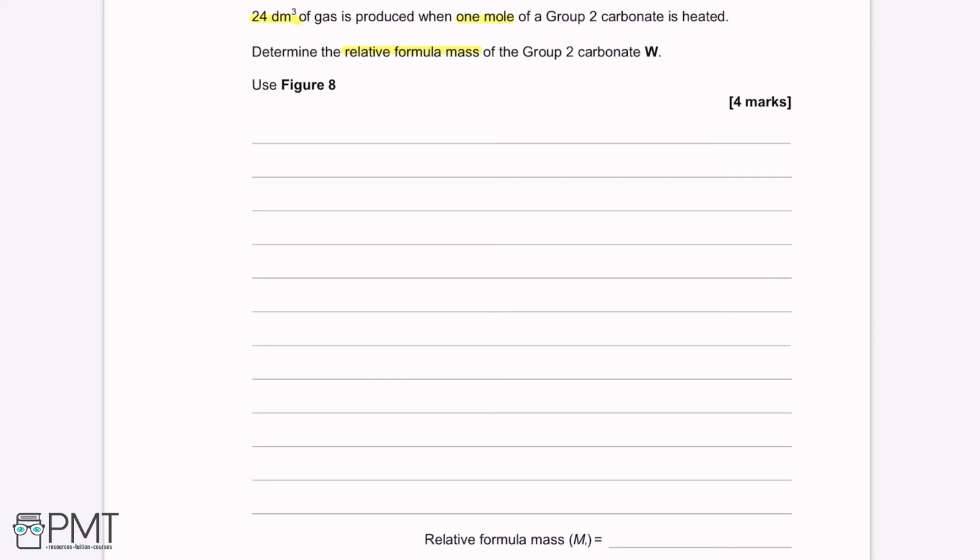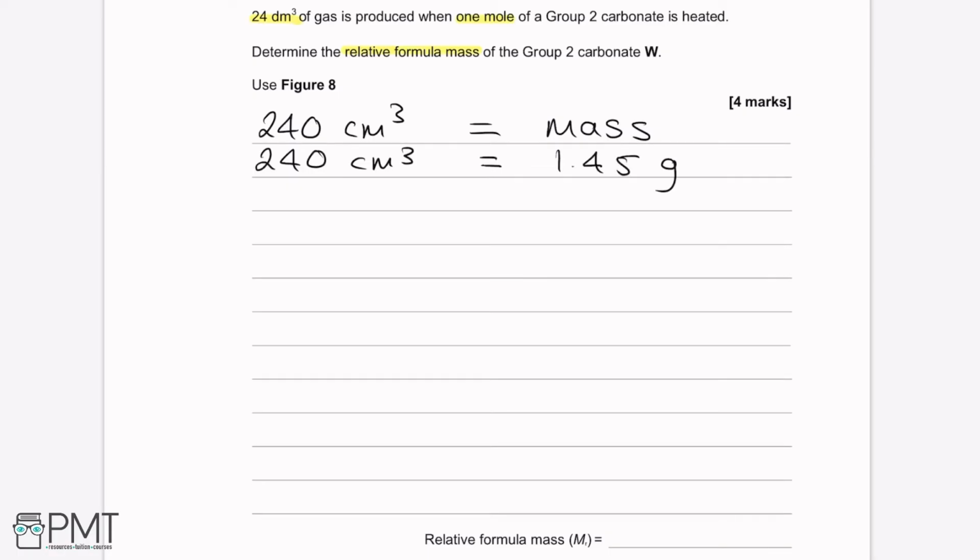However, we could read 240 centimeters cubed off the graph. And we could work out what mass that would be. Okay? Now, if you read that off the graph, you will find that 240 centimeters cubed equals 1.45 grams.